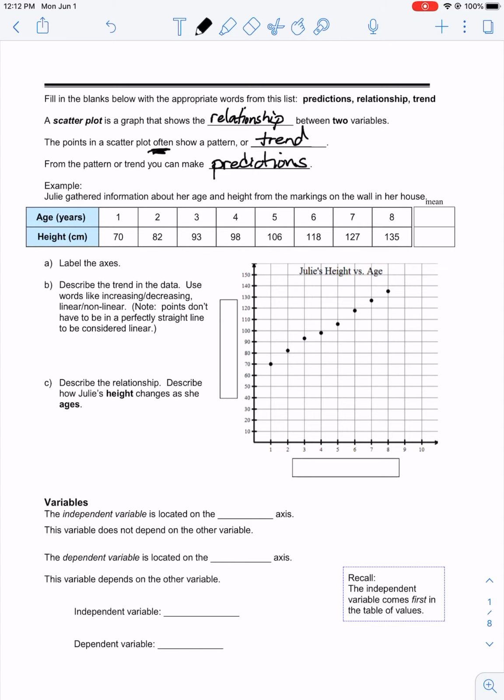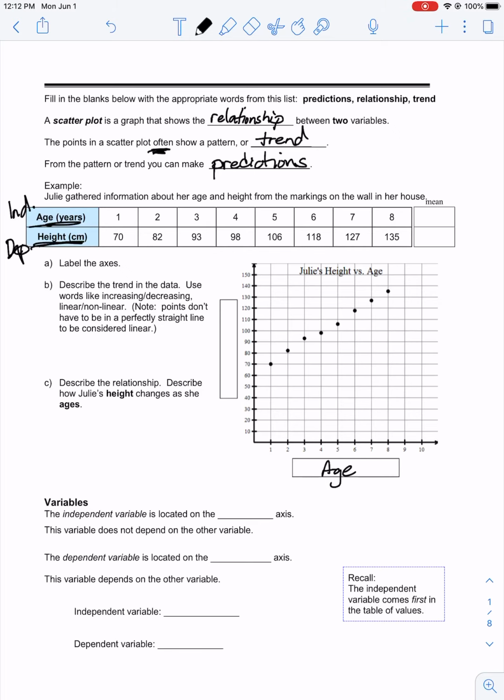All right, so here we have some information about Julie and how tall she was at certain ages. It says label the axis, while the independent variable is age, so that goes on the horizontal axis, and the dependent variable is height. Her height depends on how old she is.